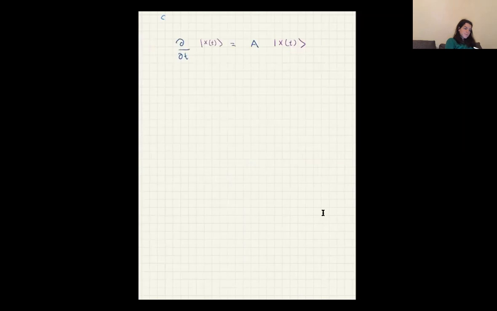So the solution for these things has several steps. Step 1 is diagonalize this matrix.